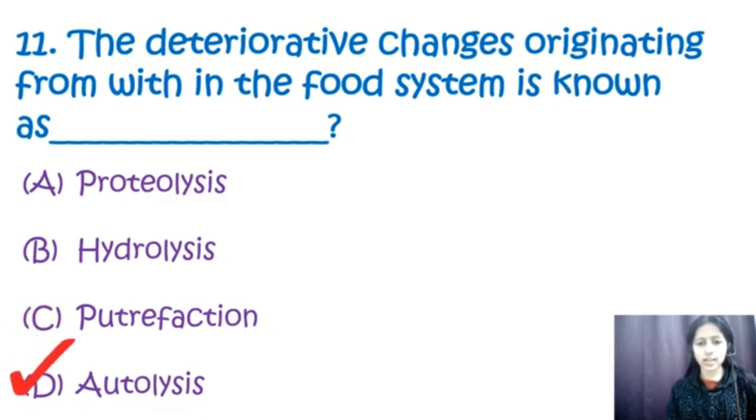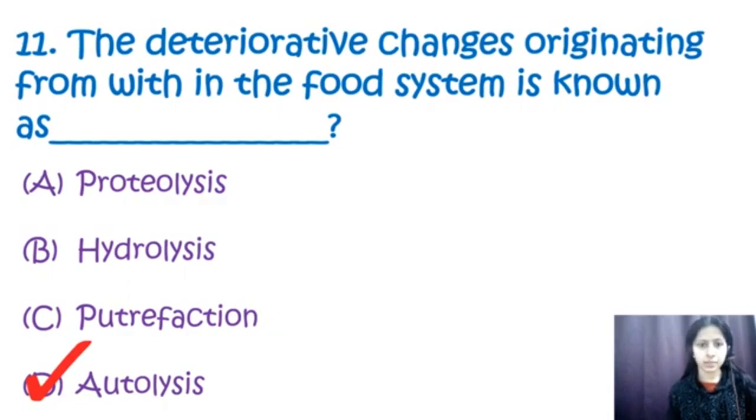Autolysis is a process in which the cells or tissues are broken down by their own enzymes, whereas putrefaction is a process of decomposing organic matter, usually by bacterial action, which results in the formation of other substances. And hydrolysis is a chemical reaction in which water is used to break down a compound into smaller or simpler substances.